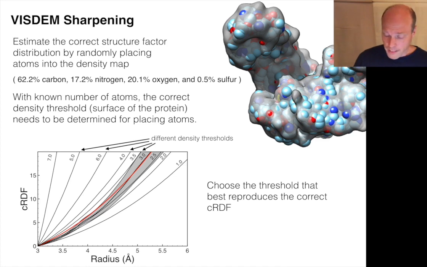So we determine automatically this density threshold. We just try different density thresholds and then look at the radial distribution functions and see which one best fits to the one that we observe in known protein structures from the PDB. And the closest you get to that, that's the threshold that you choose. That is most likely the correct surface of your protein. That is the one that we choose.